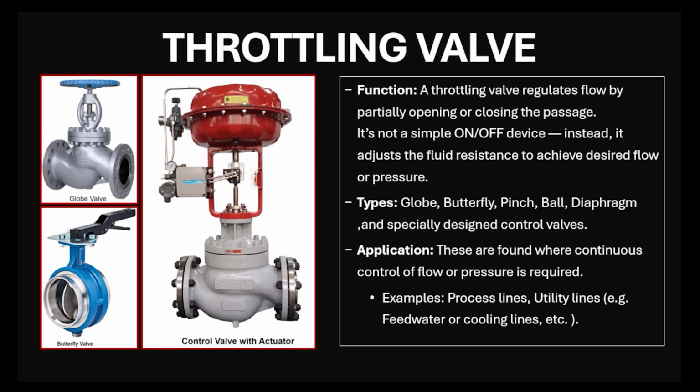You may also see some motorized valves in this example. Throttling valves find their applications where continuous control of flow or pressure is required. So you can see throttling valves installed in process lines, utility lines, for example, feed water or cooling lines, etc.